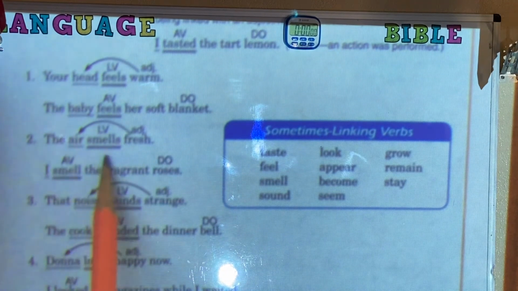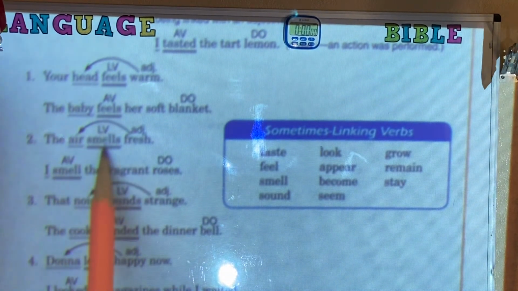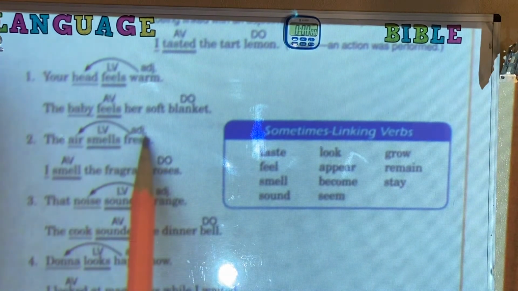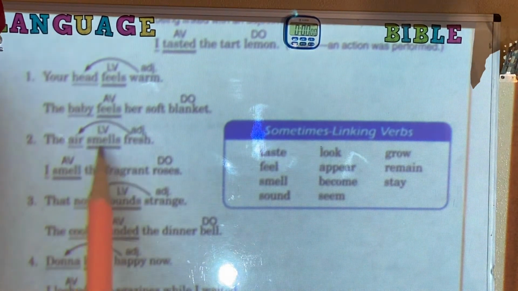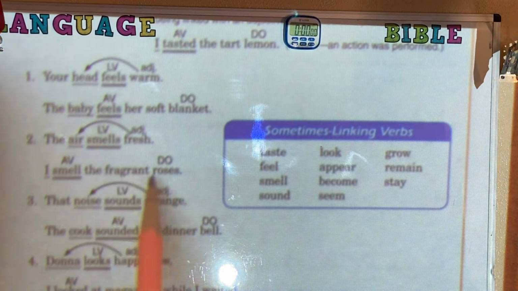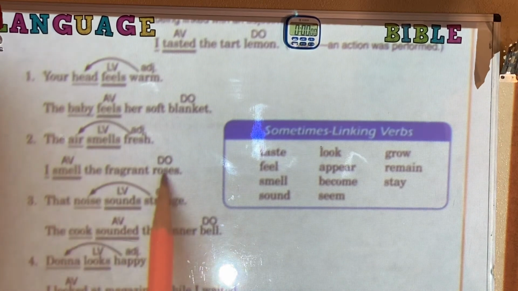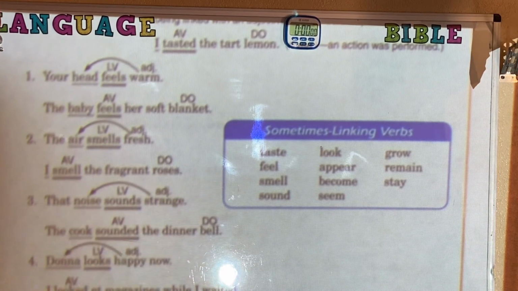The air smells fresh. Air is the subject, smells is the linking verb, fresh is the adjective because it describes how it smells. I smell the fragrant roses. Smell is the action verb, roses is the direct object.